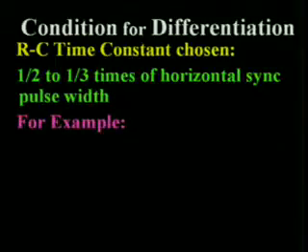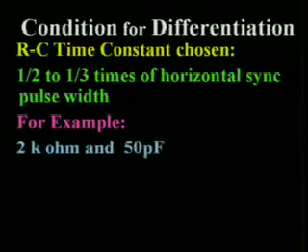For example, if we have taken the resistance of 2 kilo ohm and the capacitance of 50 picofarad, let us calculate the time constant, whether it will differentiate the horizontal sync or not. The condition has already been given.